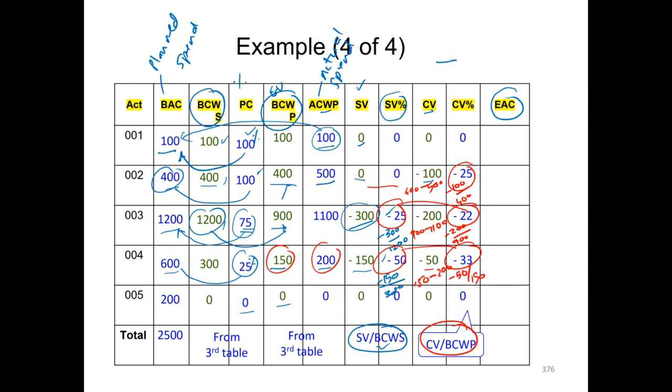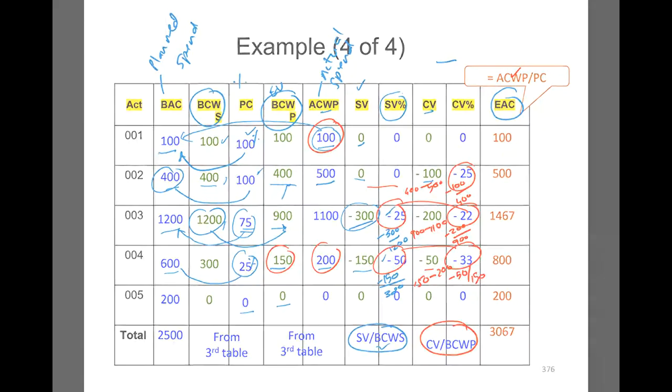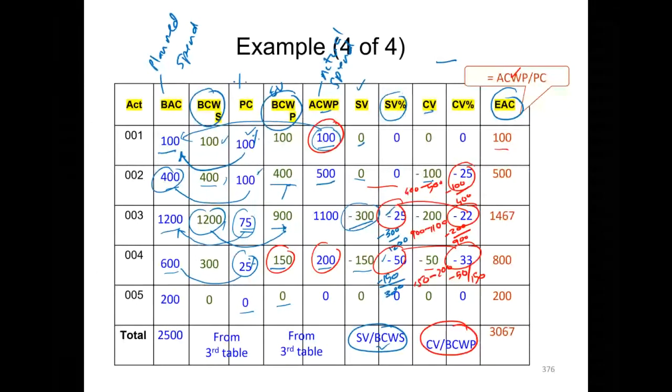So lastly, we are interested in calculating the estimated cost at completion. If we continue with the same example, how much will this project cost us to complete? This is calculated using this formula: actual cost of work performed divided by percentage complete. Basically we know from here 100 divided by 100, so the estimated cost at completion is the same, because this work has already been accomplished, so we do not expect the cost to rise anymore.